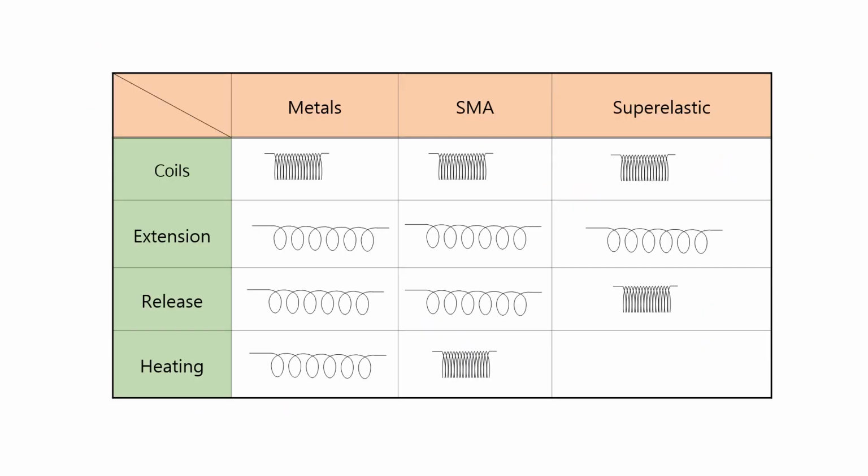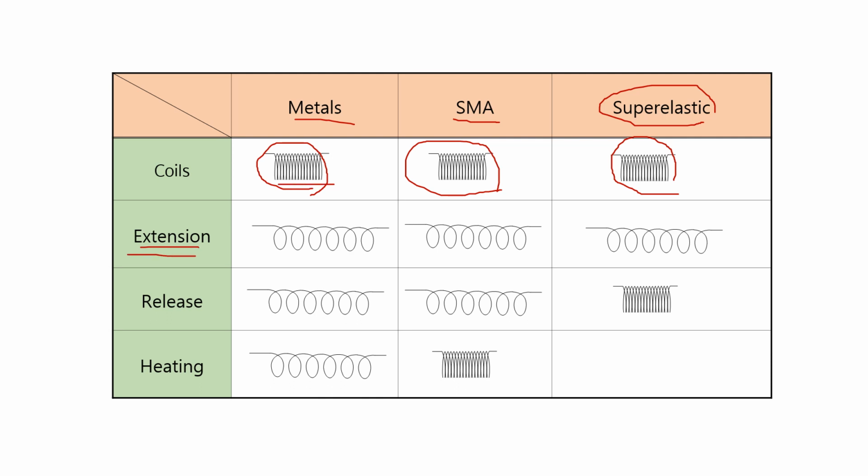Now let's see what happens if we make coils using metal, shape memory alloy, and superelastic alloy. If we extend these coils using external force, they are permanently deformed.